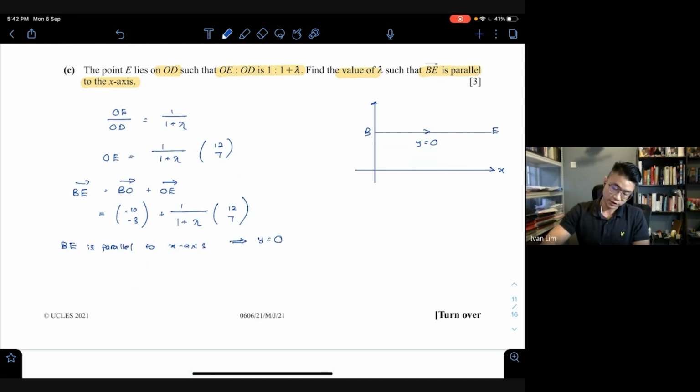So we take the y value, which is -3 over here. So -3 equals 7 over 1 plus lambda.